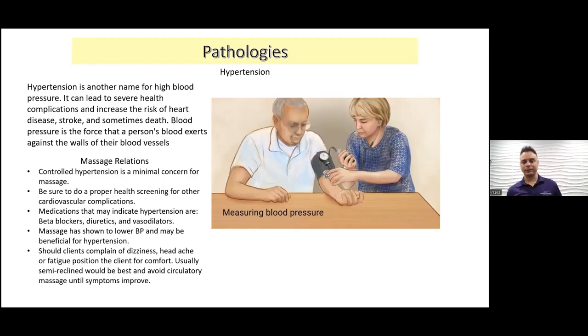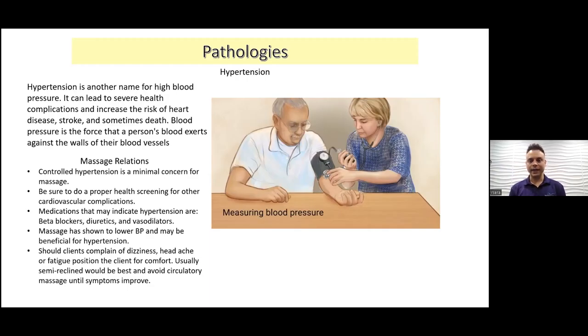You can get one from Walmart for like $20 that reads it for you. We call it a sphygmomanometer. You can check your client's blood pressure. That's fine. That's within our scope of practice. We can check someone's blood pressure and take a reading. We can't diagnose anything based off of that, right?